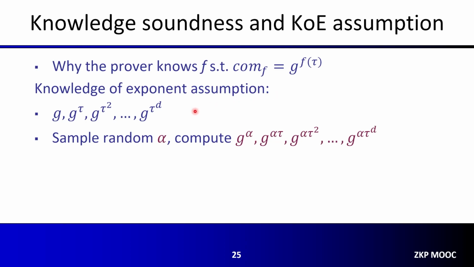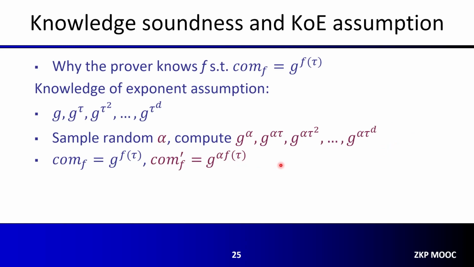So the key idea of this assumption is that for the global parameters of the KZG polynomial commitment, we are going to sample another secret value alpha and compute g to the alpha, g to the alpha tau, g to the alpha tau square, and so forth, all the way to g to the alpha tau to the power of d. Basically, we are raising each of the elements in these global parameters to another power of alpha. And we are going to include both as the new global parameters.